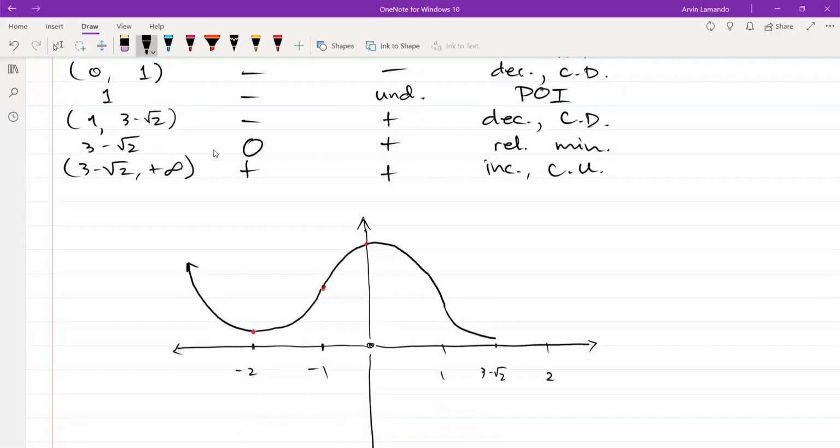So at 3 minus square root of 2, you have a relative minimum. Then it increases and it concaves upwards. Okay, I think that should be it.